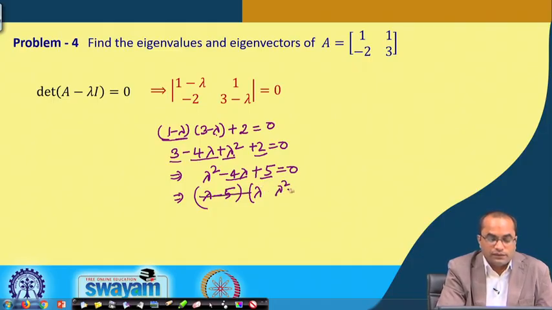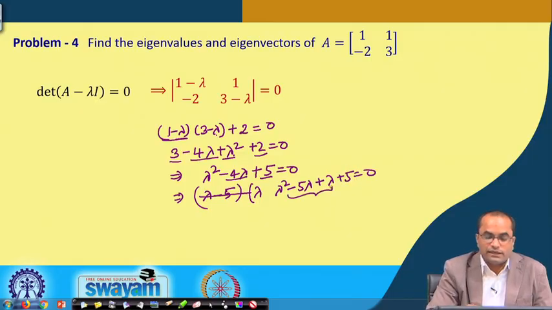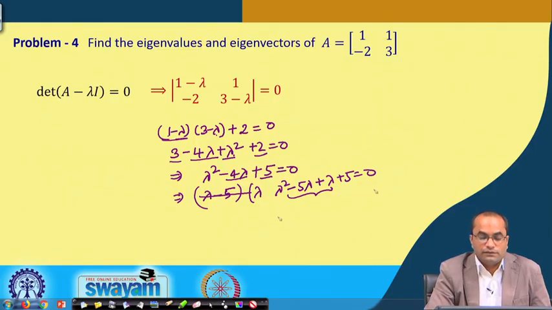So, we have lambda square minus 5 lambda plus lambda plus 5, writing minus 4 lambda as minus 5 lambda plus lambda.